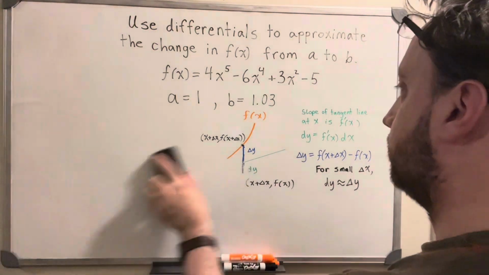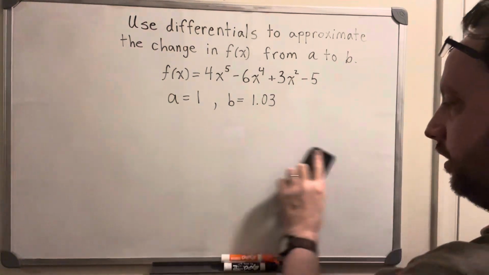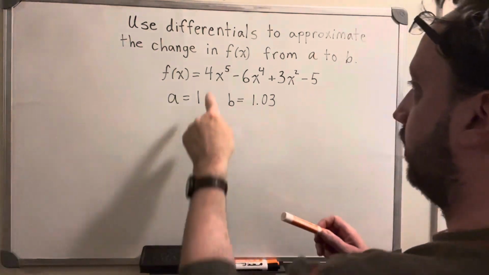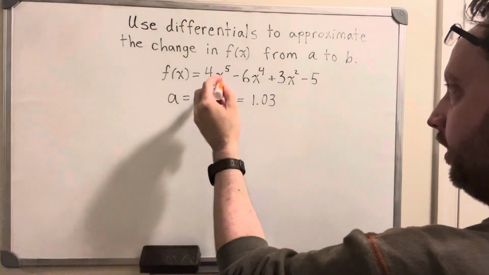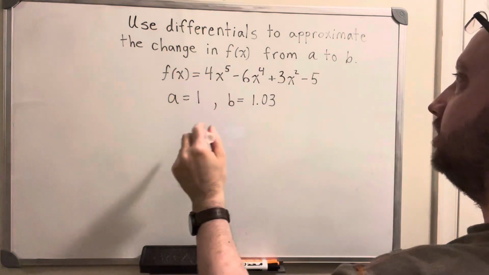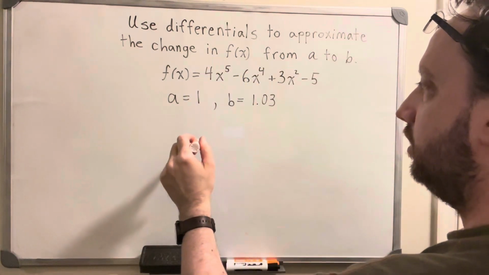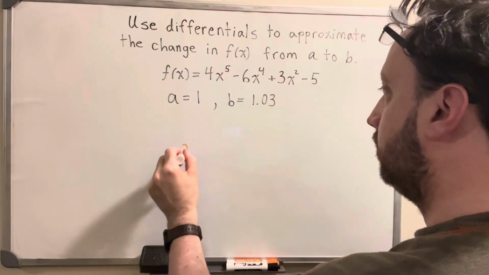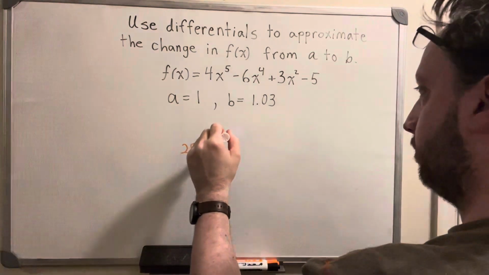So let's do this. Do you know the techniques such as the power rule to calculate the derivative of this function? We know the sums and differences, so we can take each one of these individually. 4x to the fifth, the derivative: 5 times 4 is 20, x to the, we decrease the exponent by 1.